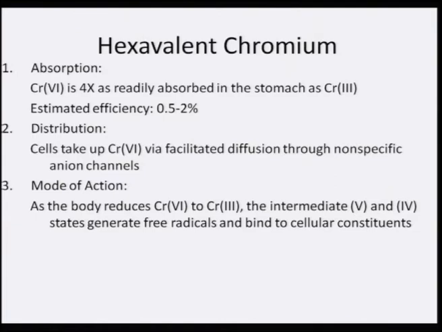As the body reduces chromium 6 to chromium 3, the intermediate chromium 5 and 4 states generate free radicals and bind to cellular constituents. So, this is the kind of mechanism by which the toxicity and effect of hexavalent chromium can be understood.